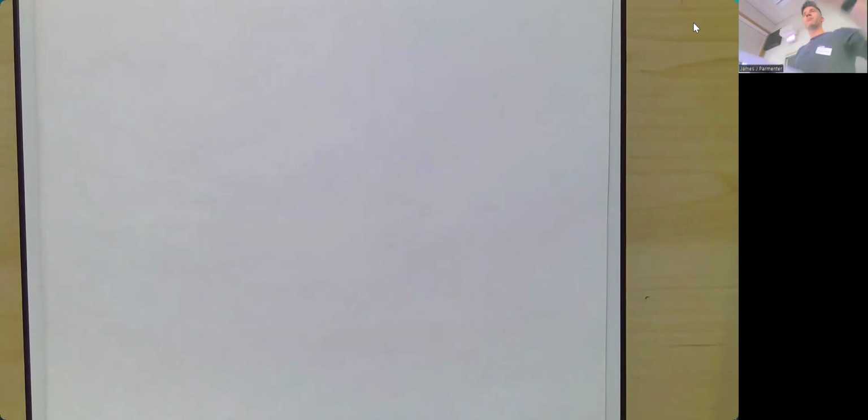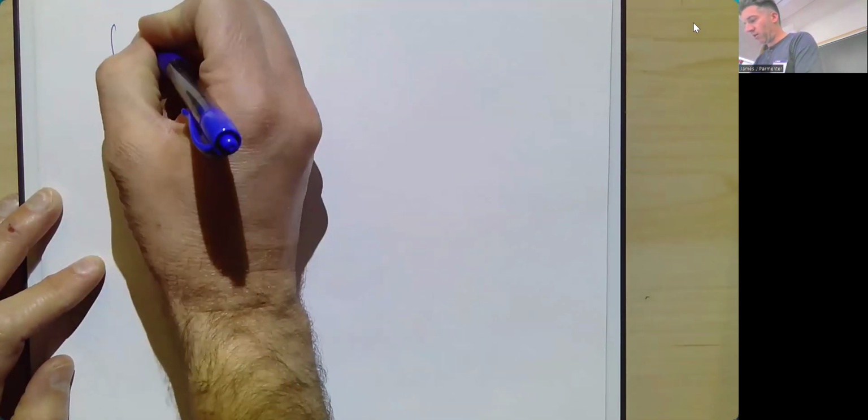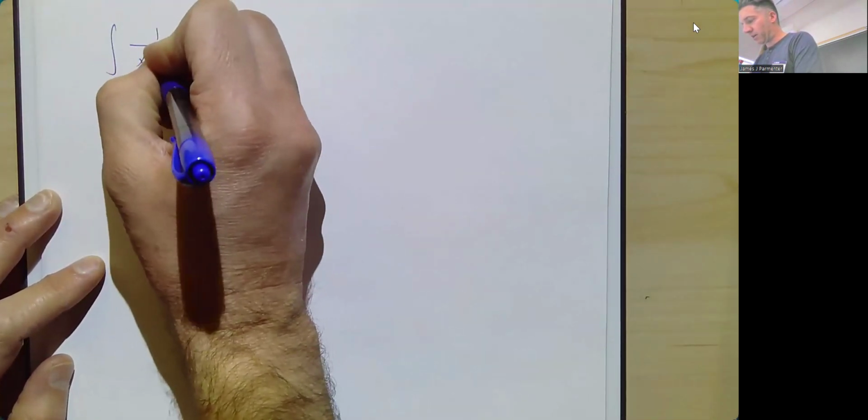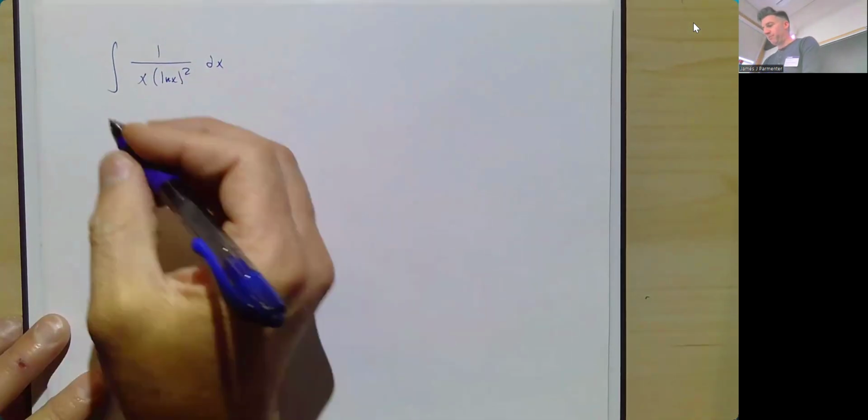So it's the integral of 1 over x times natural log of x, squared. Cool. It's a good problem.